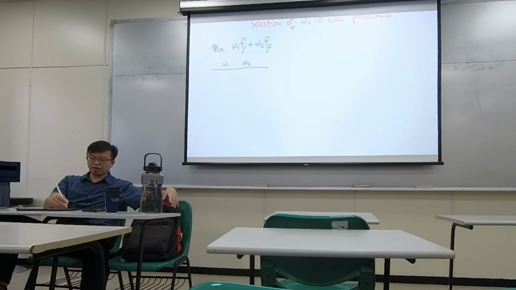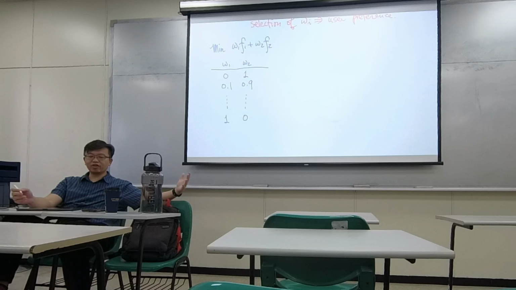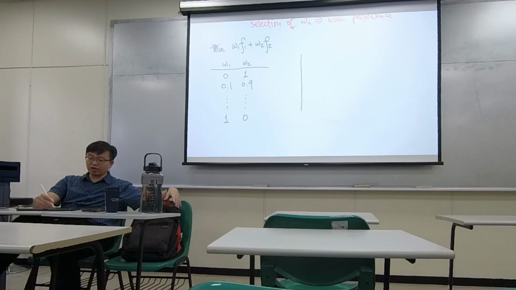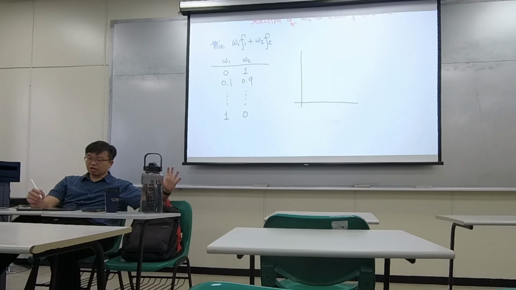I can start from 0, so here is 1, and I increase W1, then my W2 becomes 0.9, and so on. I try to sample every possible combination, and I solve every combination and get an optimal solution. At the end, you may see something interesting like this, and you can make a drawing. In this particular case, it could be a multi-dimensional problem.